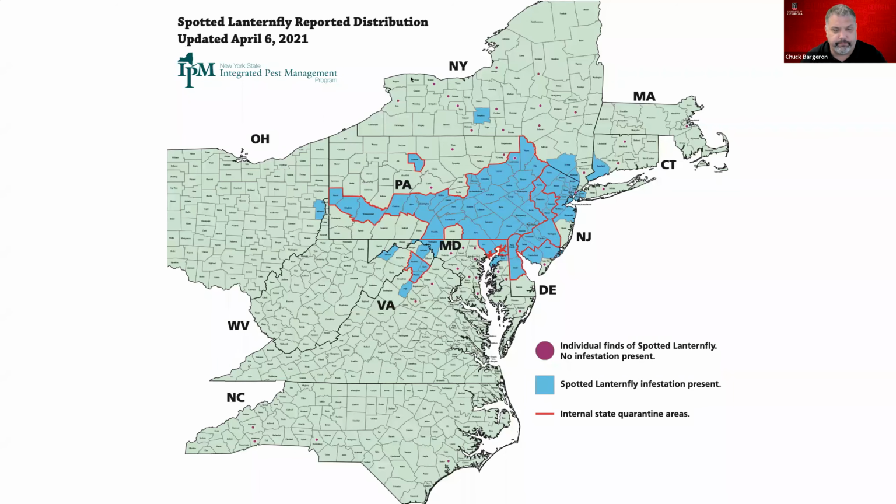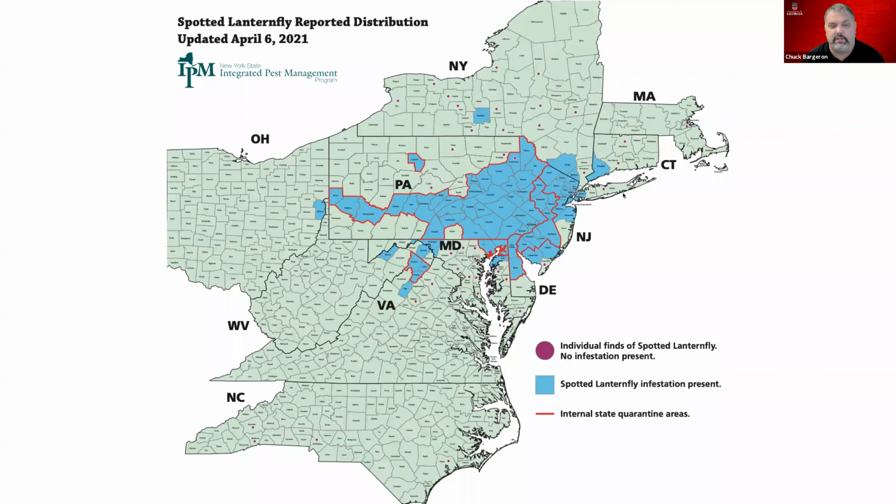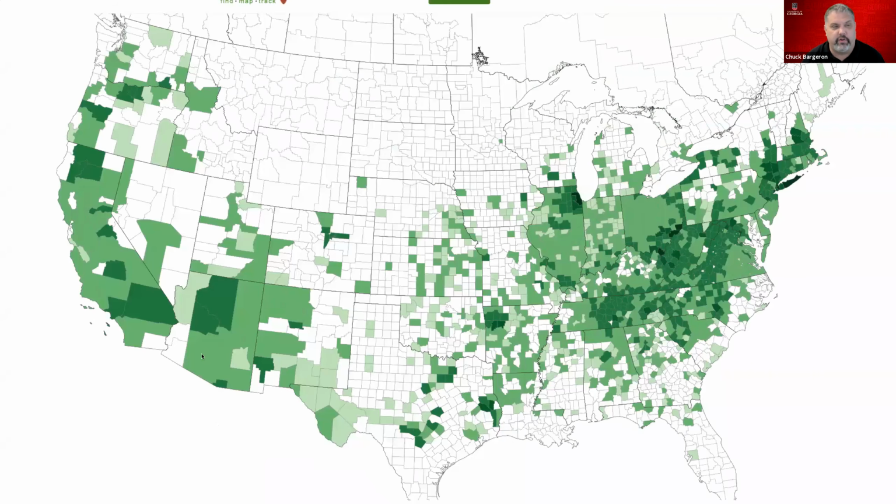If I can go back really quickly, it is a fairly distinctive looking insect. And so it is something that having the public looking for and making sure that they report, either through the EDDMapS system that I'm going to talk about in a second, or just to their local county agent when they do find something, is very important, especially if you're near the infected area.